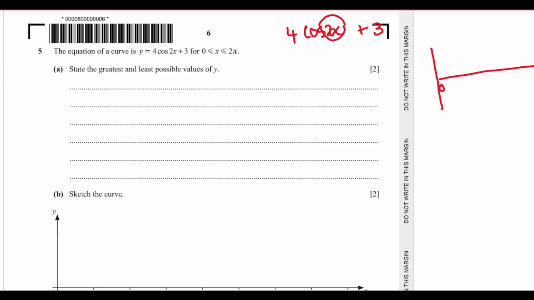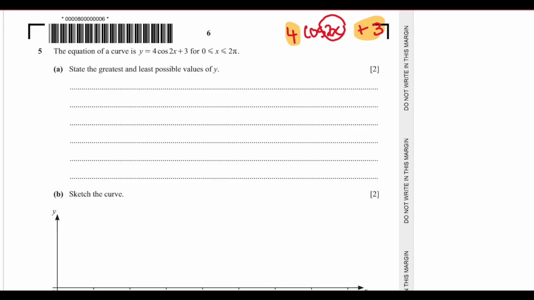So between 0 and 2 pi, that 2x will cause the cosine curve to repeat twice. Okay, so that doesn't really change the least possible value and the greatest possible value of y. So we mostly need to look at the 4 because that changes the y, and the 3.